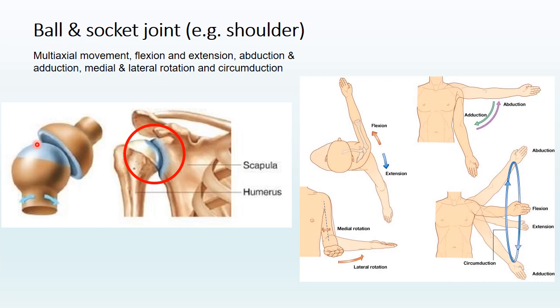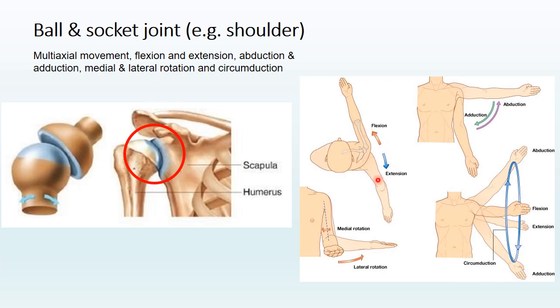Ball and socket. As the name implies, ball means كرة, a spherical surface, بيضاوي, and socket is a concavity that resembles the ball joints. Examples of that are the shoulder joint and the hip joint.